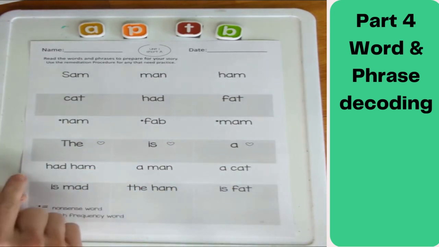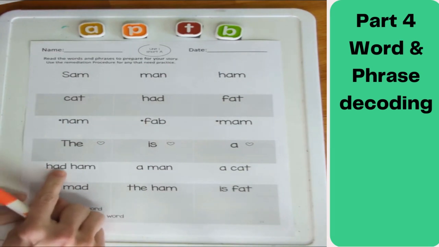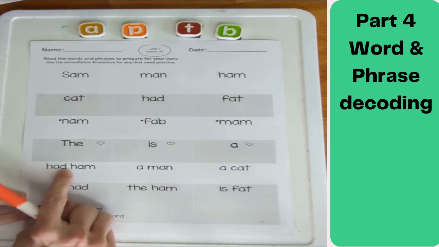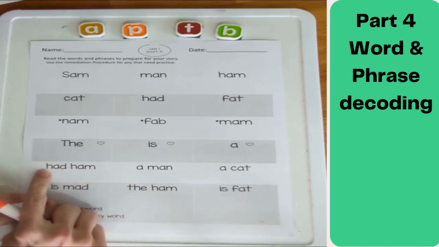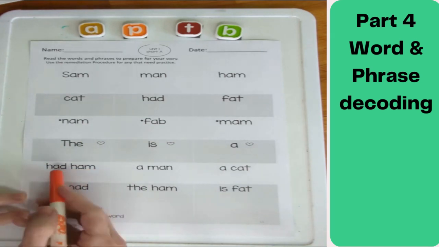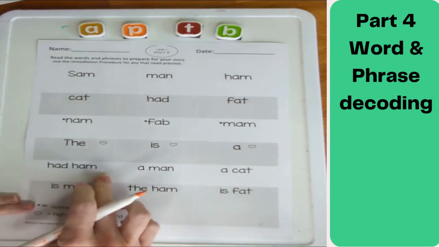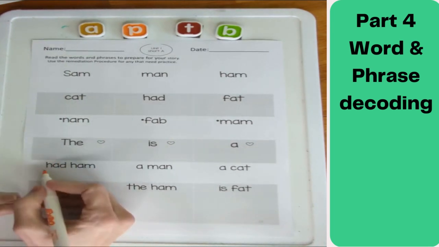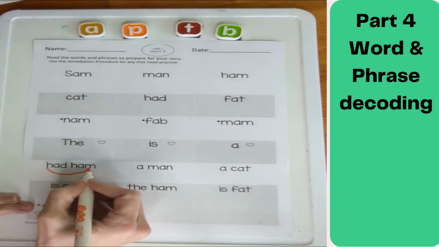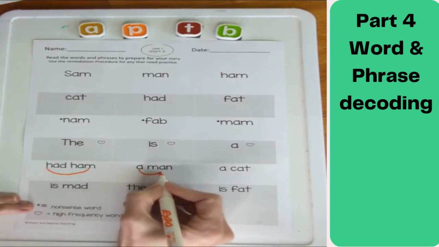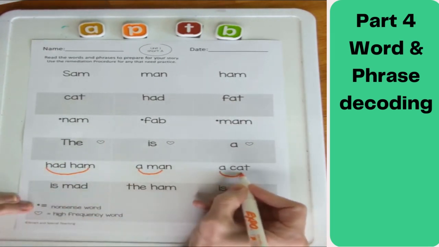So I have the student go ahead and decode it and sound it out if they need to, and after they do it, then we scoop it and we say, okay, they sounded it out, they know what it is. So had ham, a man, a cat.